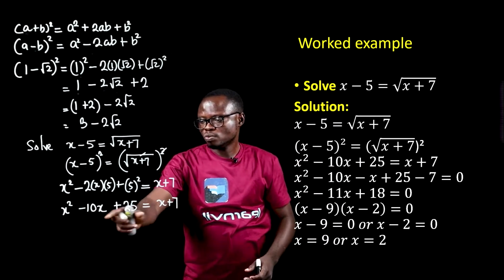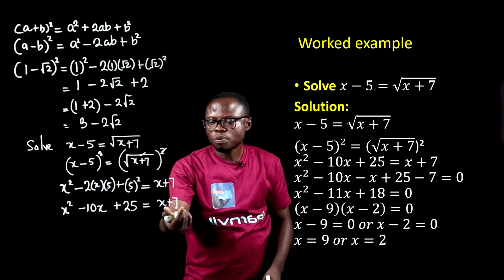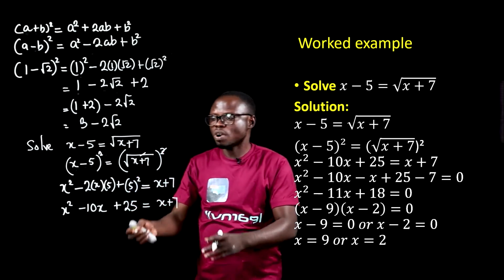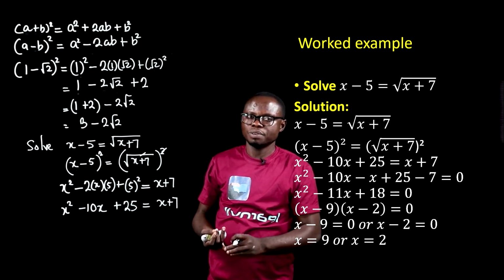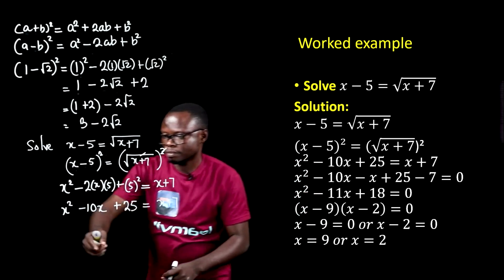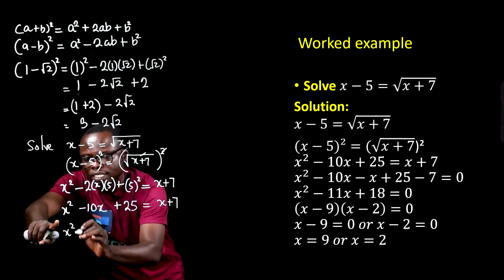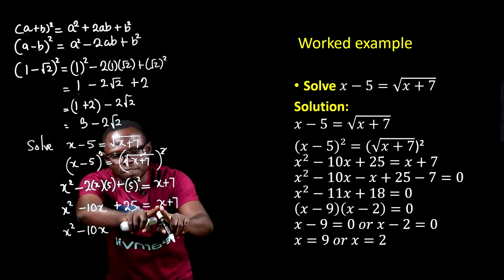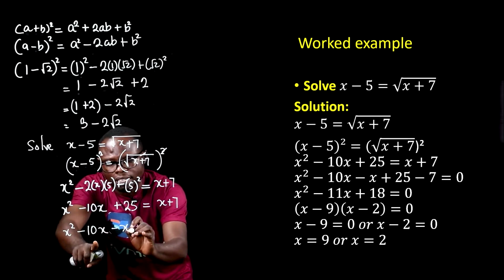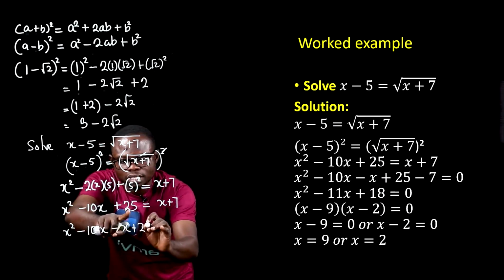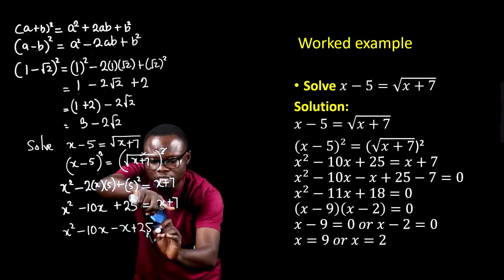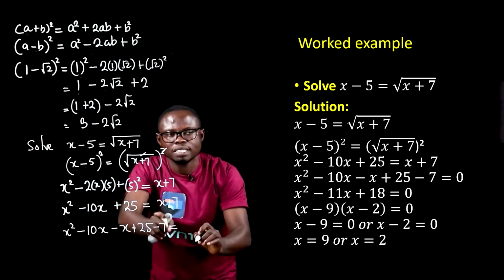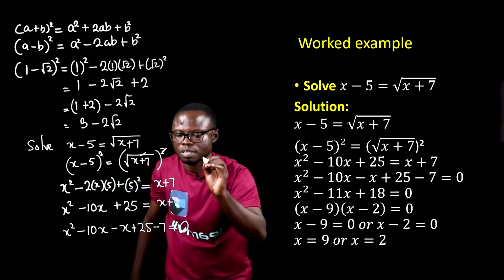What we do from here is to transpose x plus 7 to the left-hand side. Why? We want to group like terms and solve the resulting equation. So I have x squared minus 10x, transposing positive x, it becomes negative x, plus 25. I'm transposing plus 7, it becomes minus 7. What happens is that the whole right-hand side reduces to 0.